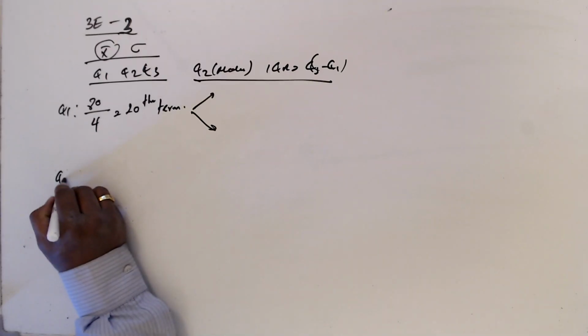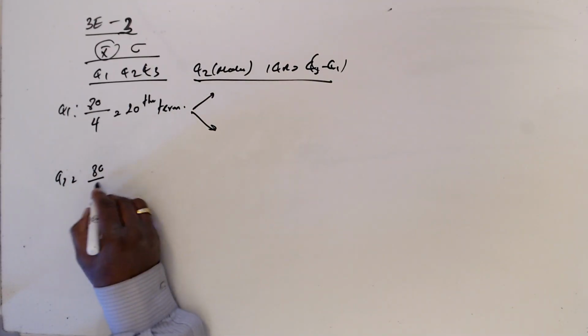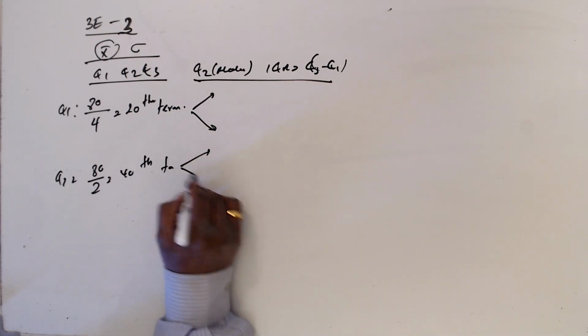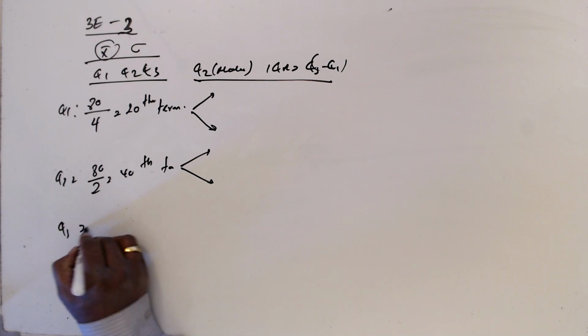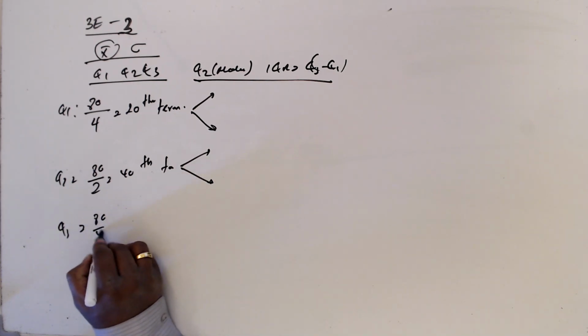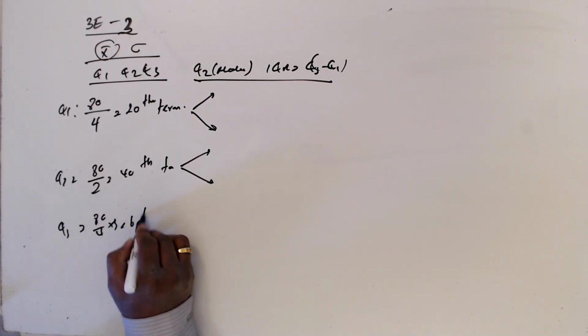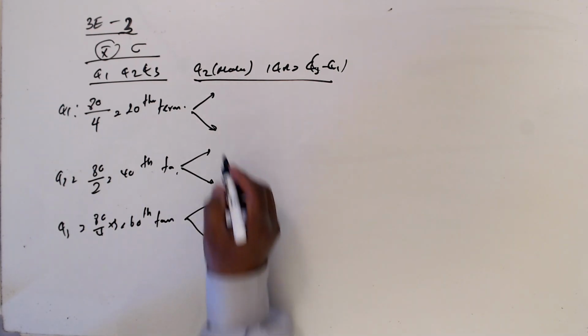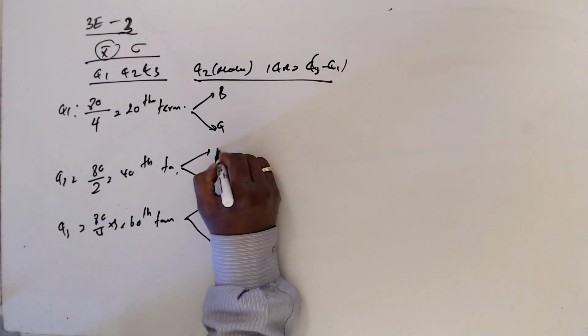Then Q2 is 80 divided by 2, the 40th term of both, and Q3 is 60th term of both boys and girls.